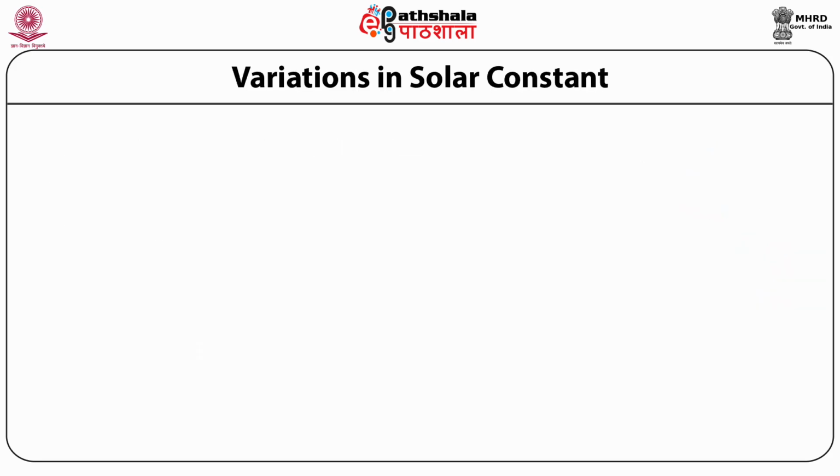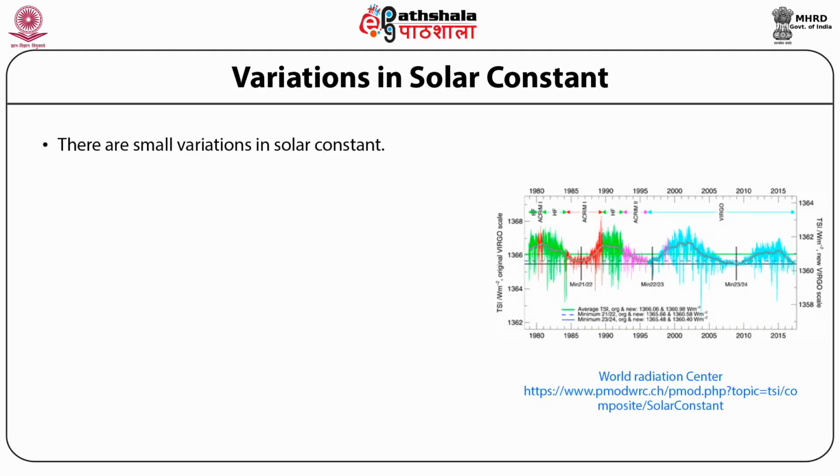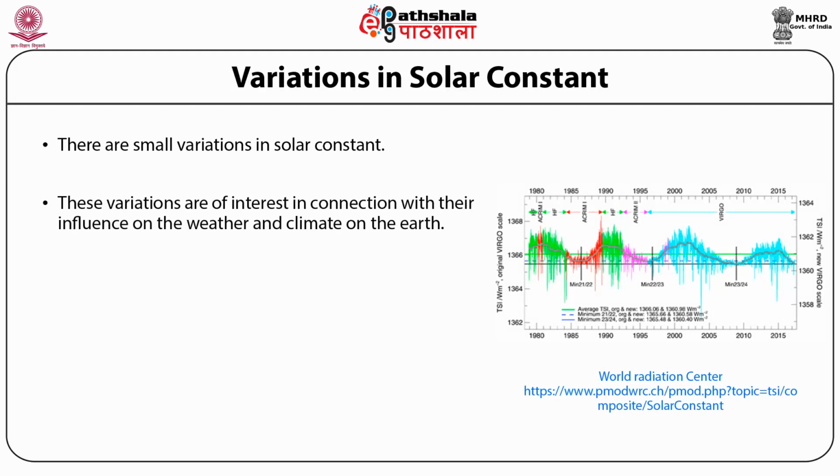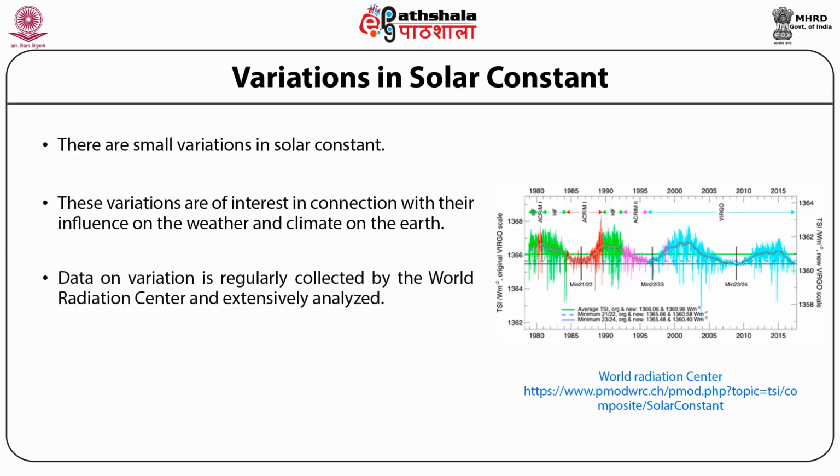Variations in solar constant. There are small variations in solar constant. These variations are of interest in connection with their influence on the weather and climate on the earth. Data on variation is regularly collected by the World Radiation Center and extensively analyzed.